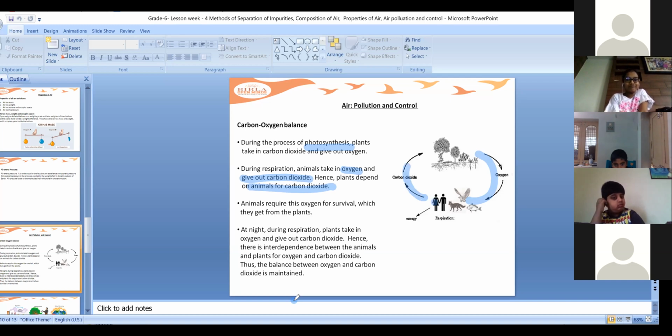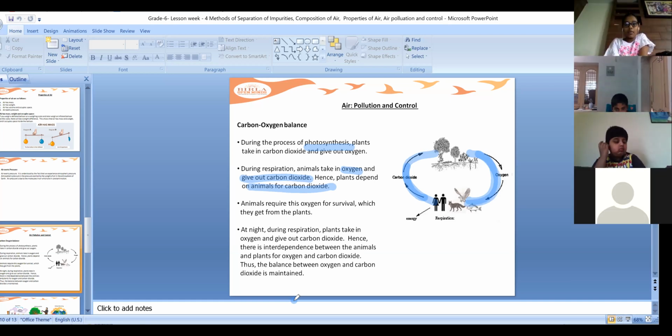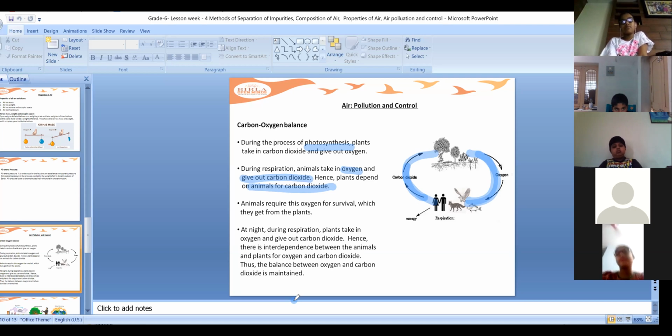So this carbon dioxide which we release, which we exhale, goes to plants. From plants we get oxygen and we inhale it. Okay, so this is called the carbon oxygen cycle. In the cycle we are interconnected. We need oxygen, so plants give us oxygen, isn't it? So here I think this is clear to you all.